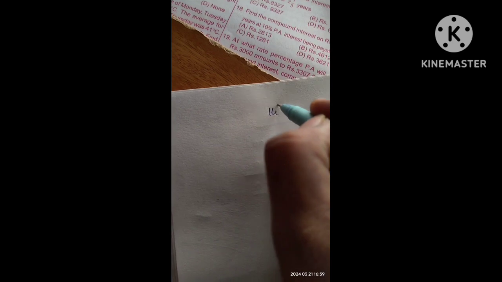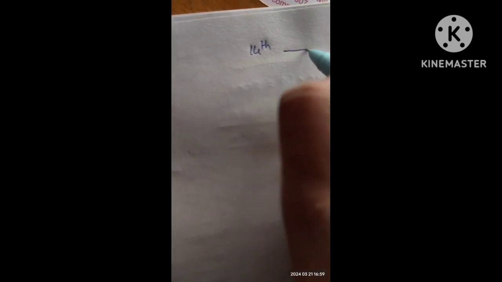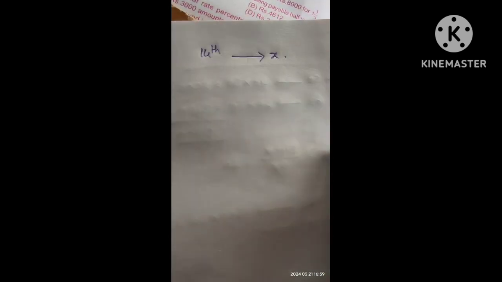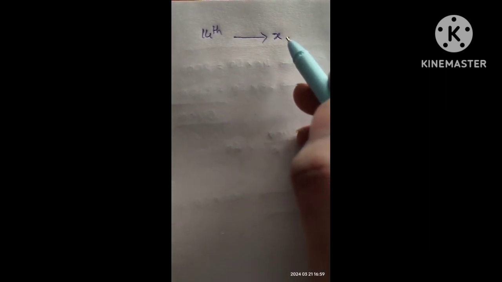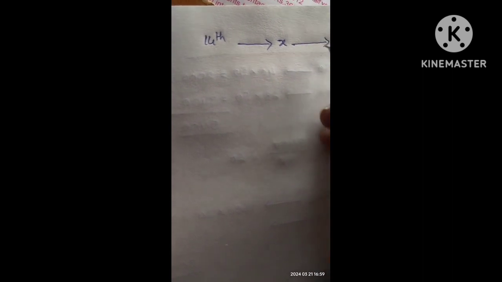So here you can see that up to 14 innings he made some score. He took the average of the score. We don't know that score. So let the average score up to 14 innings be x. This is the average. So what will be the score up to 14 innings?